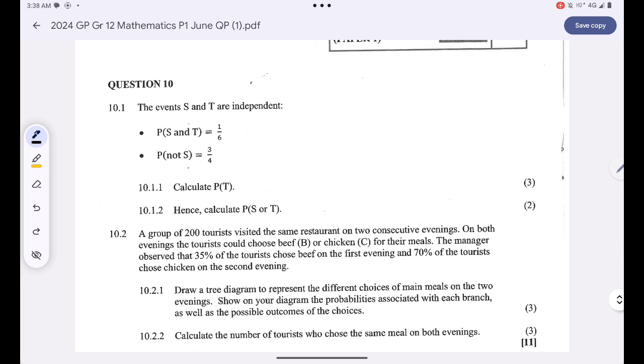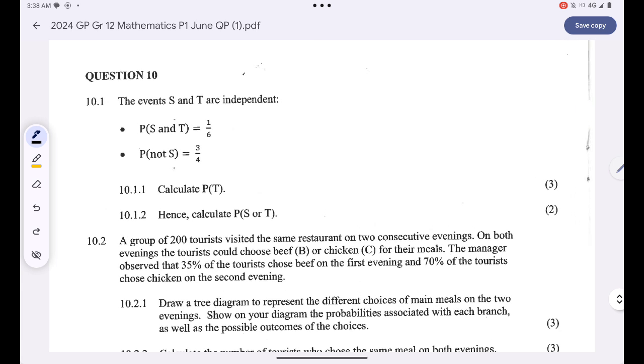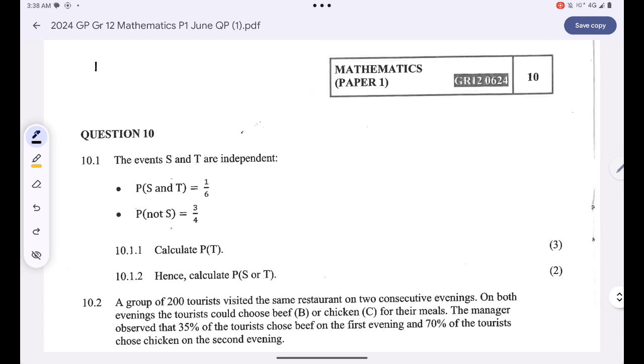Events S and T are independent. If two events are independent, it simply means that the probability of S and T should be equal to the probability of S multiplied by the probability of T. If two events are independent, this statement should be true.